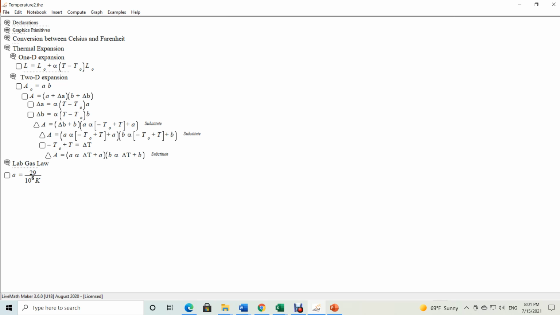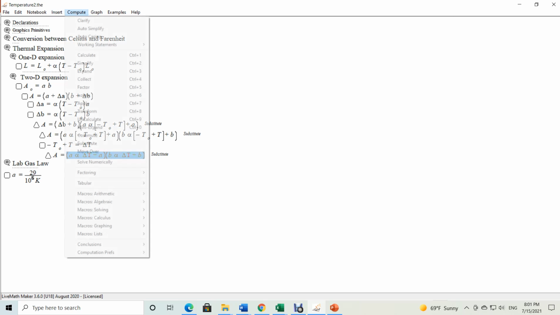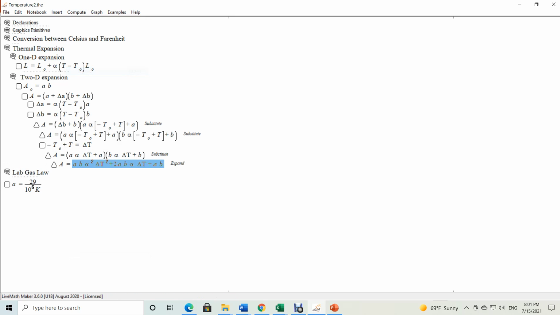Otherwise, we are going to get a (T minus T naught) squared here, and we're going to get a huge equation that's going to become difficult to manipulate. So let's use this one. I'm going to expand. Okay. So what do we have? We have my initial area right in here, right?